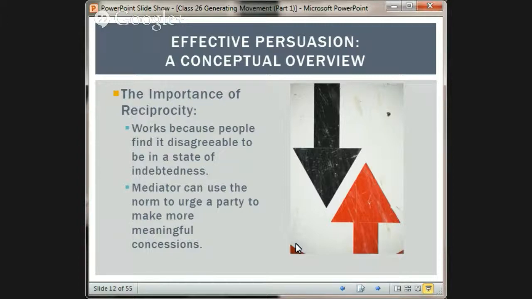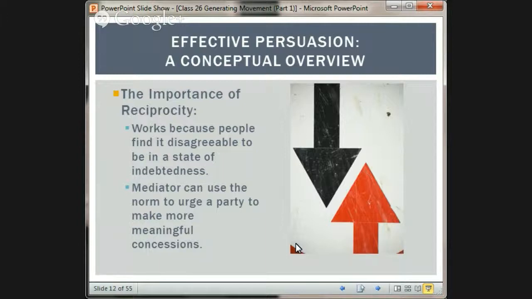balance, get them to feel more like a good person, because they've often made a contribution to this that they may not be willing to own up to, but it's put them out of balance. And the mediator can use the norm to urge a party to make more meaningful concessions.